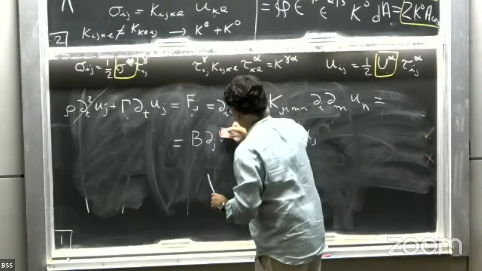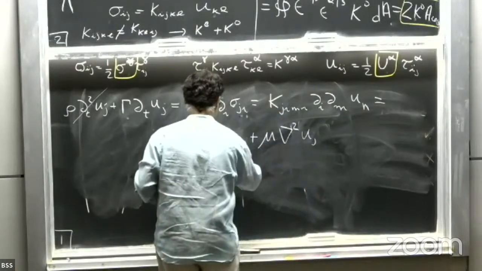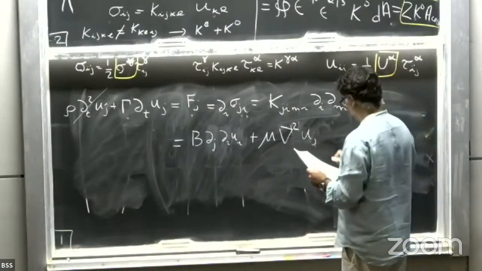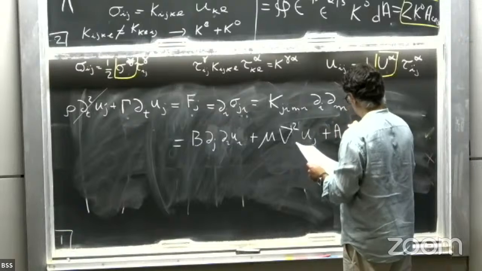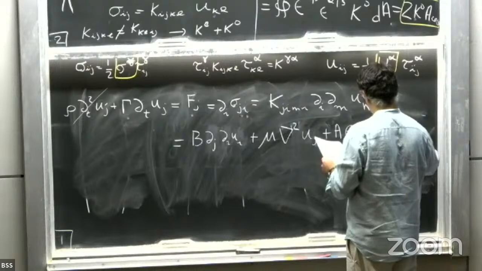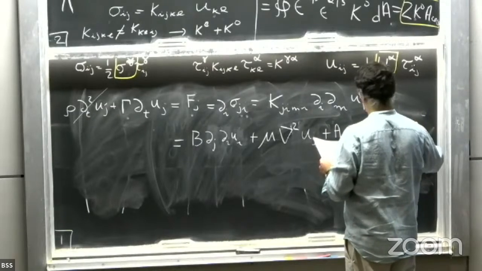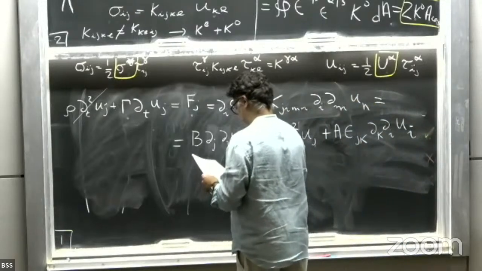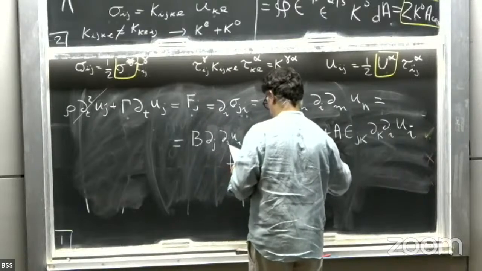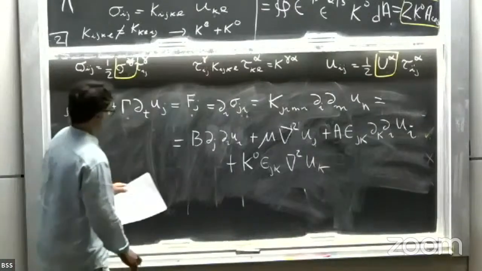So maybe let me do it consistently by writing the divergence of u as di ui. Then there will be an epsilon jk dk di ui plus k naught epsilon jk Laplacian of uk. Okay.